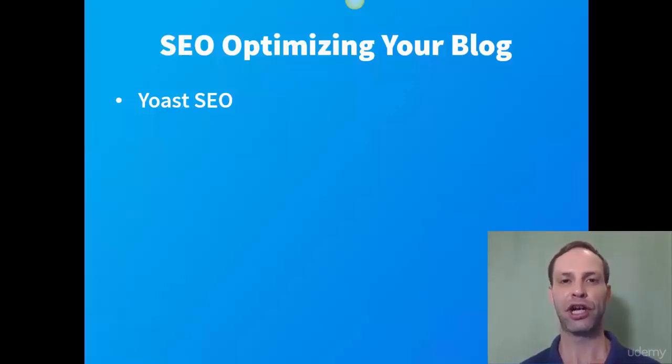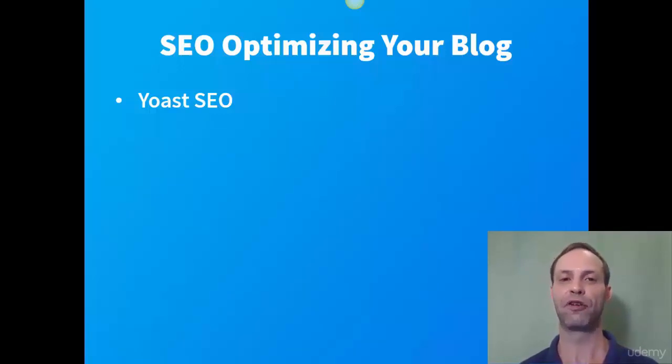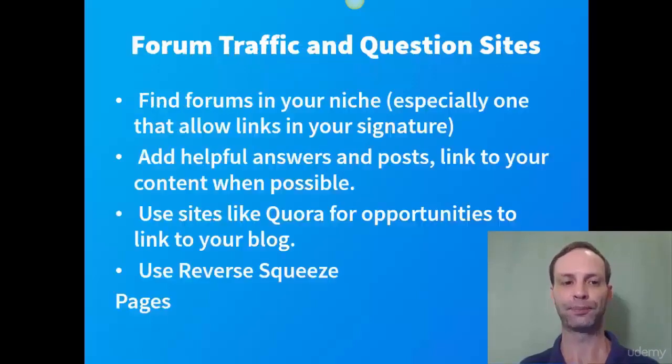Check out Yoast, get their checklist, get the WordPress plugin, and it's going to help your SEO on your blog if you know absolutely nothing about blogging. And I know people that do different SEO services for people, and all they do is just set up Yoast on the person's website, and then they just follow Yoast's advice, because the WordPress plugin will give you different advice on what to do on a blog post to optimize it for SEO. So Yoast SEO is a great one to check out.